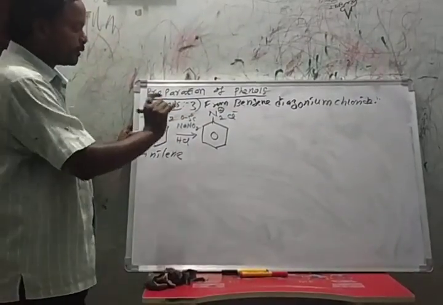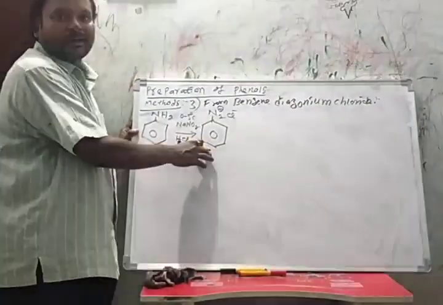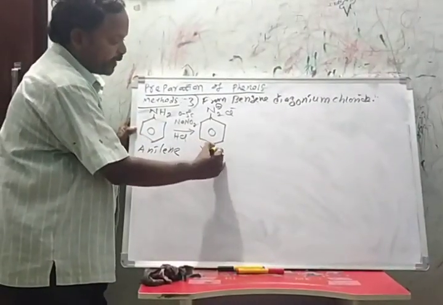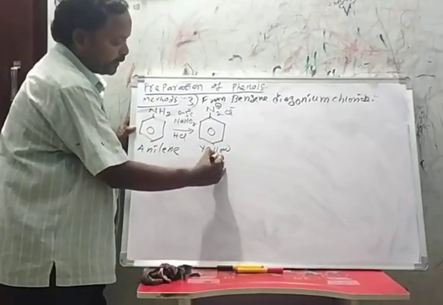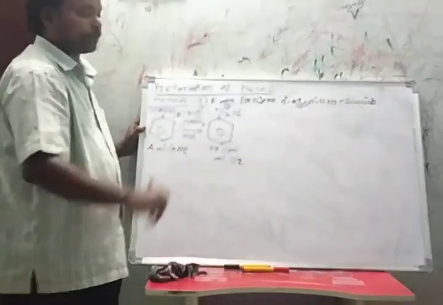At 0 to 5 degrees centigrade, we will get a yellow color liquid, that is benzene diazonium chloride.